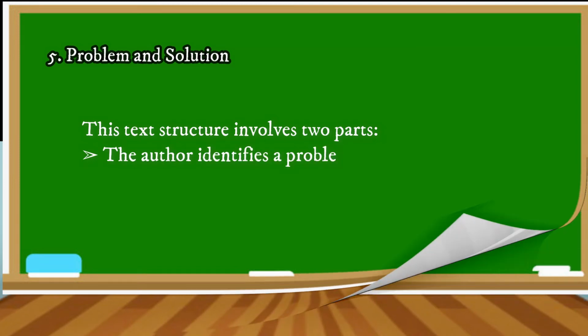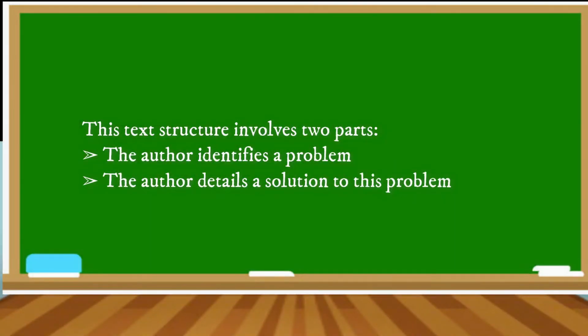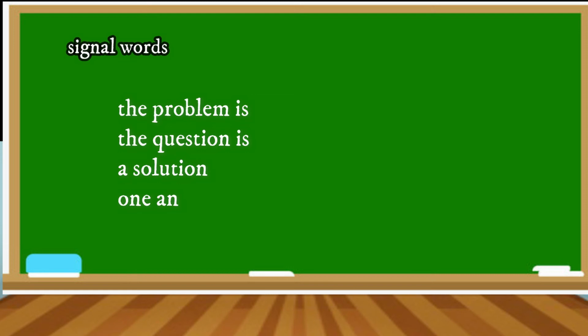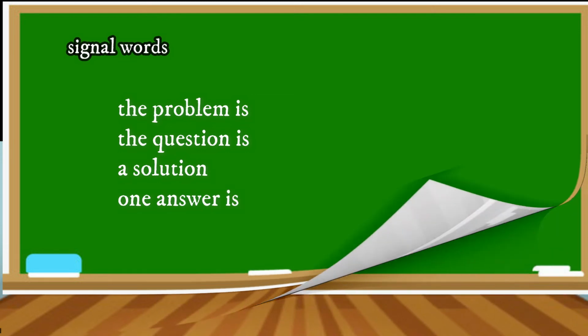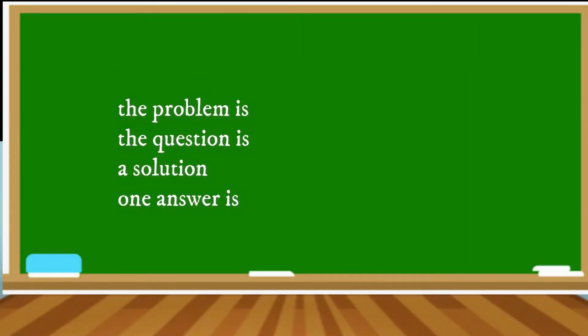Number 5, problem and solution. This text structure involves two parts. The author identifies a problem. The author details a solution to this problem. The signal words used for this structure are: the problem is, the question is, a solution, one answer is.